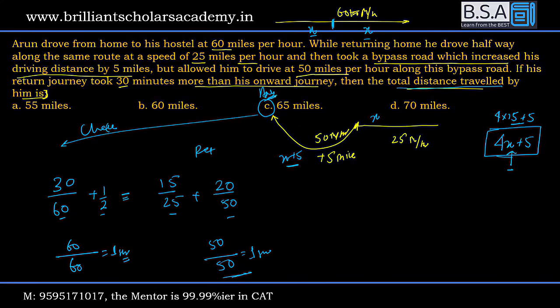So if this is the CAT exam, I'm in a hurry, or even if it is not a CAT exam, you need to maintain speed in other exams also. He is dividing the journey in two parts. So जाते time 2x, returning 2x. आते time extra 5 miles. So 2x plus 2x plus 5 miles.